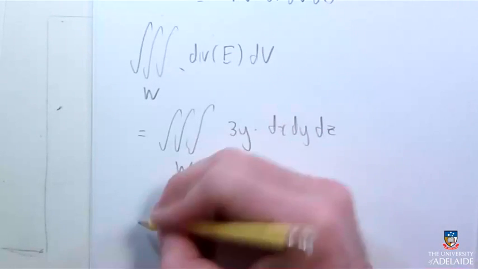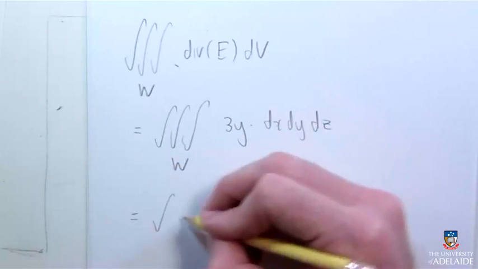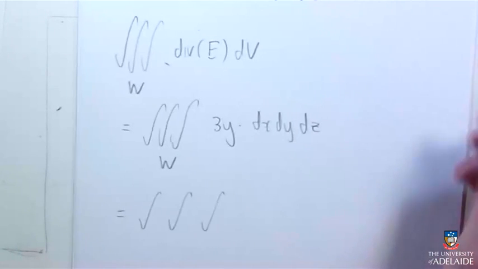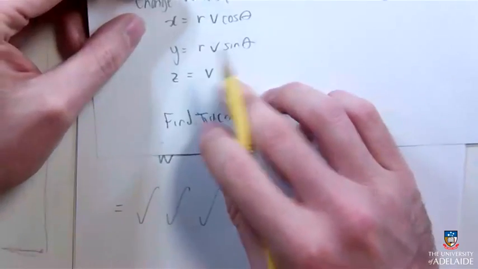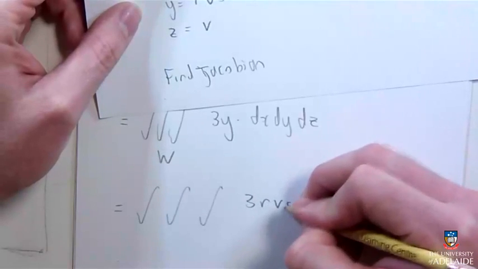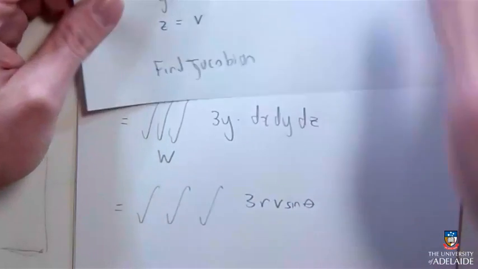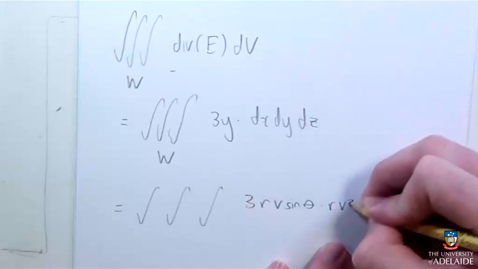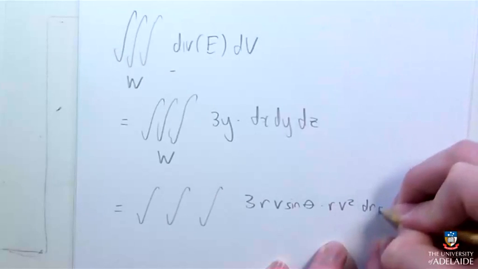But now the y is now rv sine theta. The dx, dy, dz is now rv squared dr, dv, d theta.